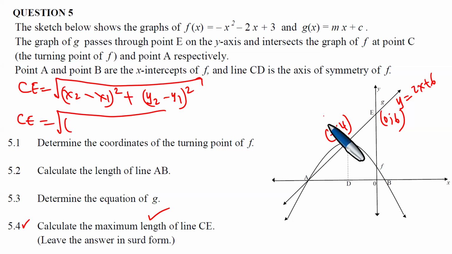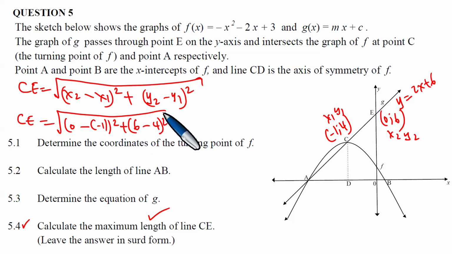If you look at CE, we have x1, y1 and x2, y2. x2 is 0 and x1 is -1, squared. y2 is 6 and y1 is 4, squared.